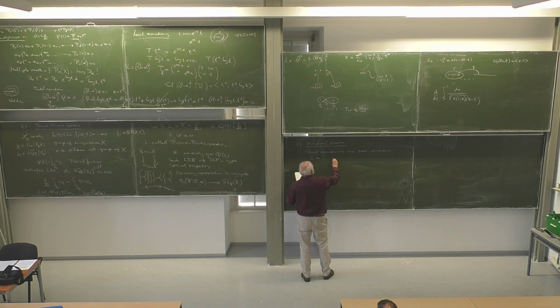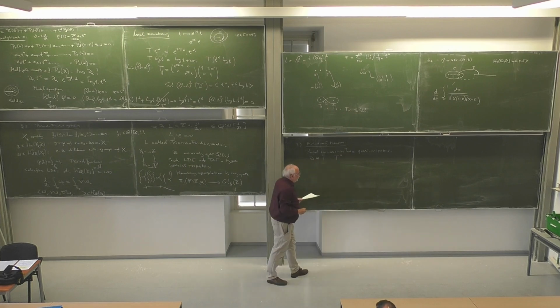There is an exponent, so that if you take the local monodromy C to that power, then it's unipotent.